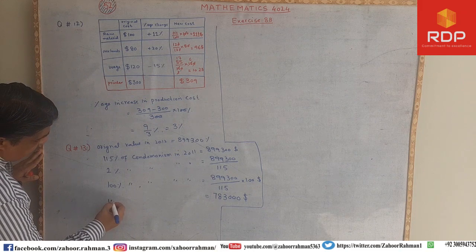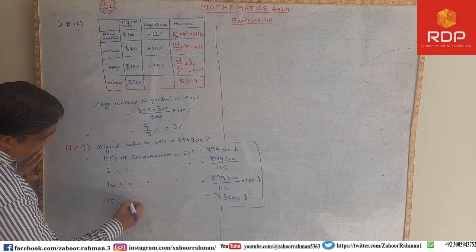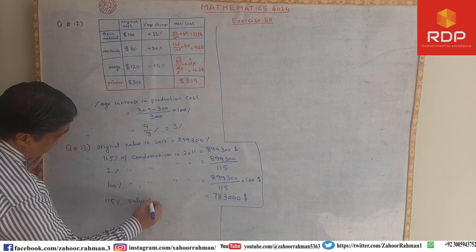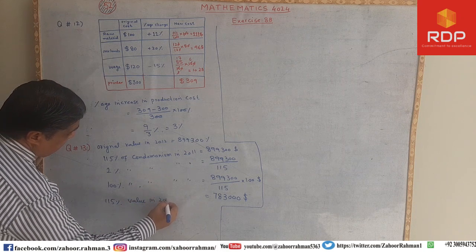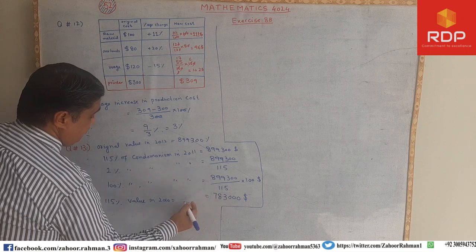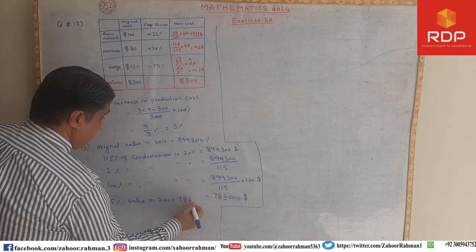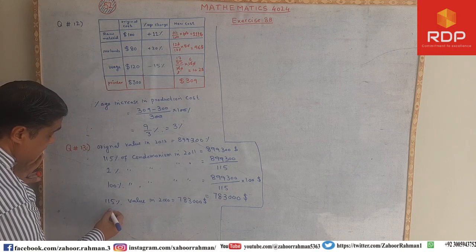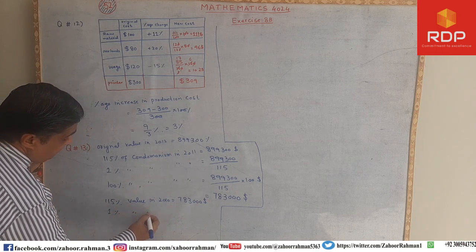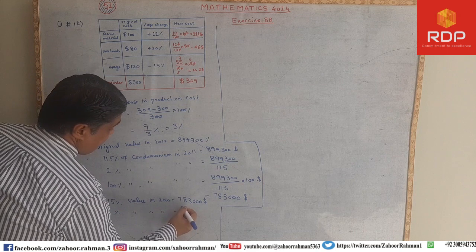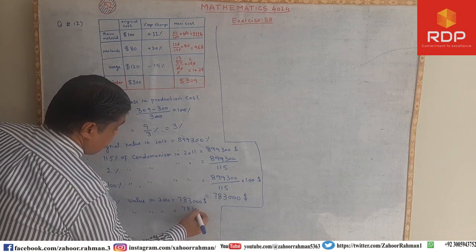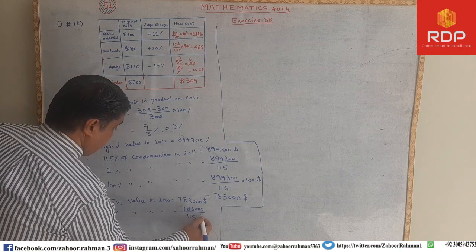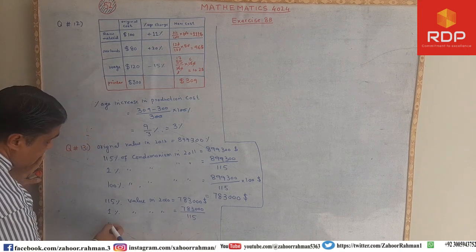So 115% value in 2011 is equal to 783,000. Similarly, 1% value in 2010 is equal to 783,000 divided by 115.